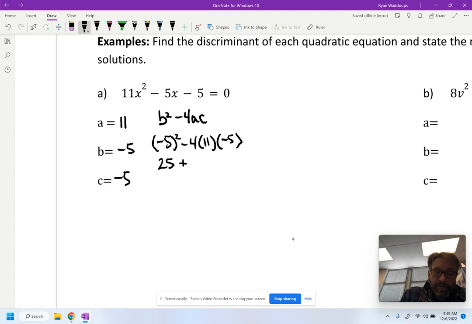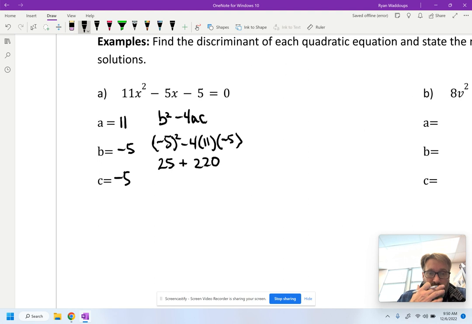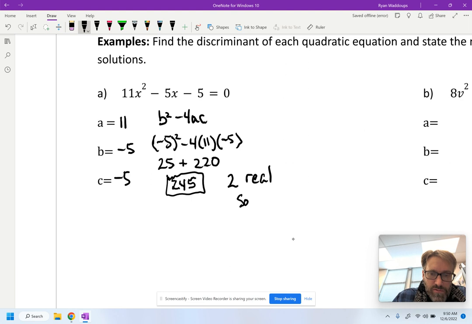Yeah, it's 220. And 220 plus 25 would be 245. And so there's our discriminant. That's not the solution. It is just the value under the radical. And it indicates that we have two real solutions.